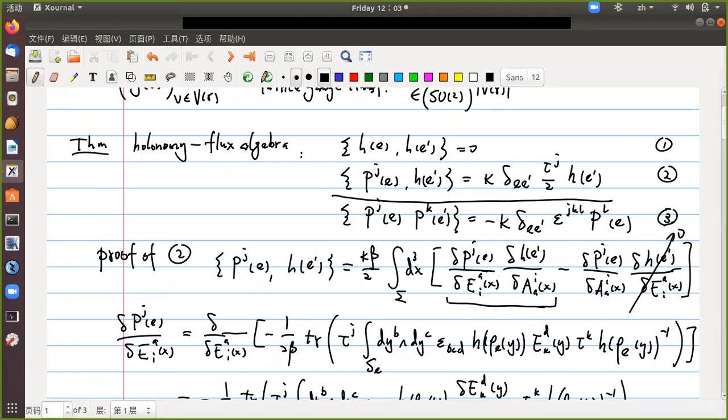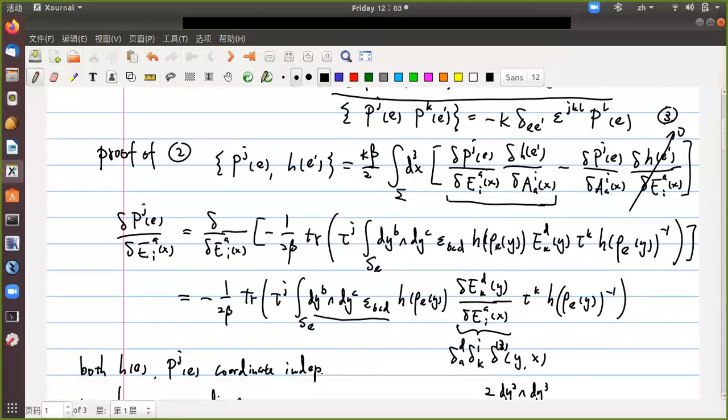Well, in a certain sense, there is a uniqueness theorem saying that if you want to define a diffeomorphism invariant theory, then the representation of this algebra is unique.